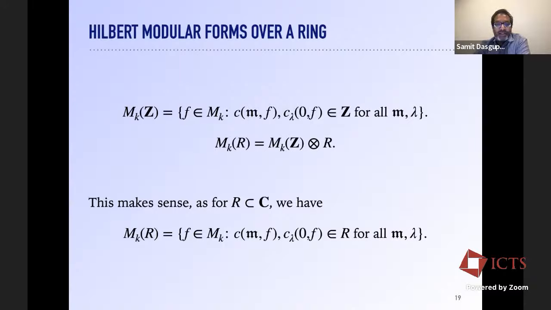And so that makes sense then to define MK of R for a general commutative ring R to be MK of Z tensored with R, because then if R is equal to C, it comes back to the definition you started with.